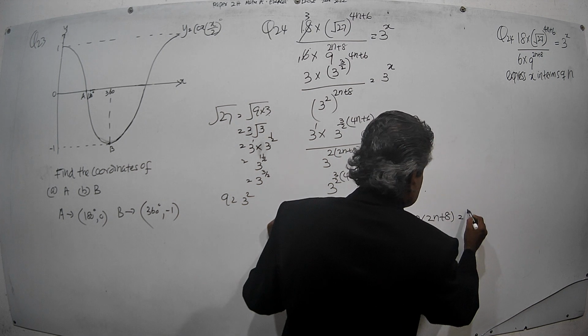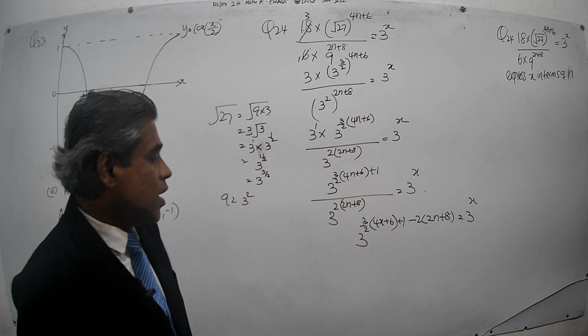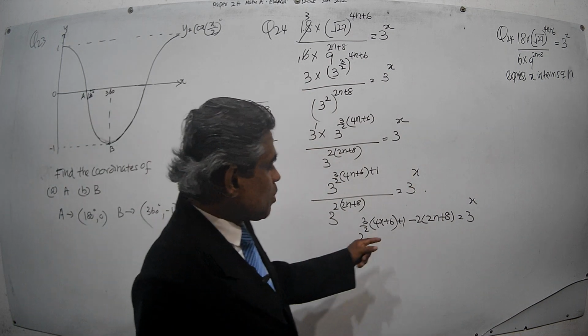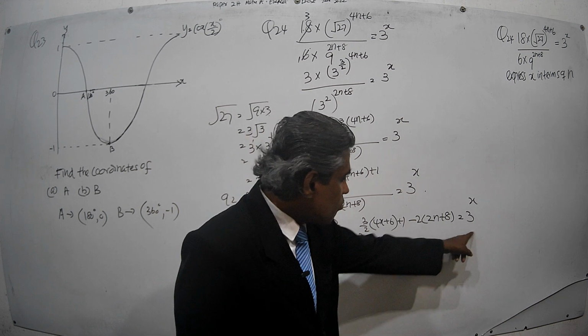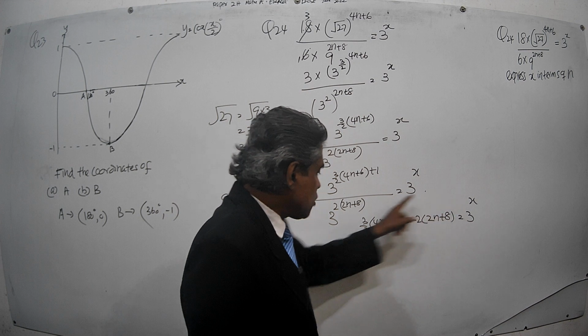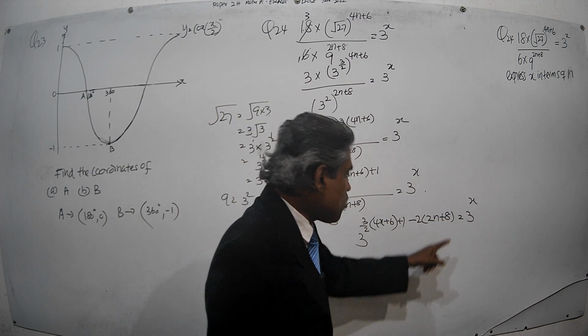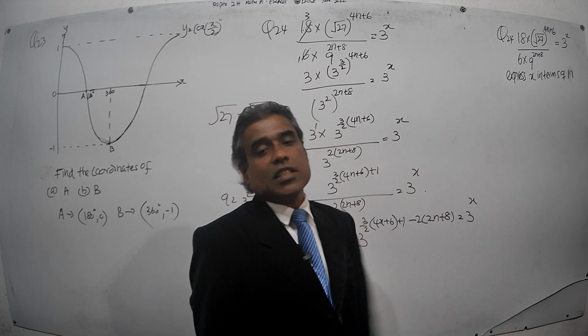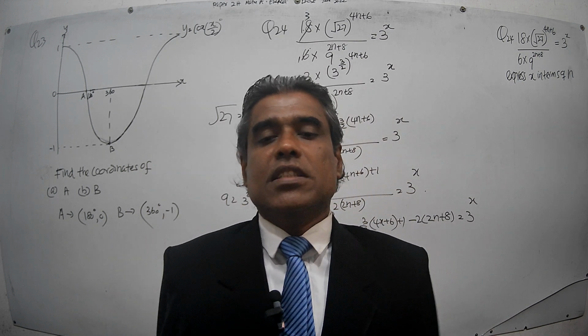equals this side, 3 to the power x. Now we have got two indicial expressions of the same base on either side. This indicial expression equals this indicial expression and they have the same base, therefore powers can be equated. That's the principle. If two indicial statements of the same base are equal, their powers can be equated.